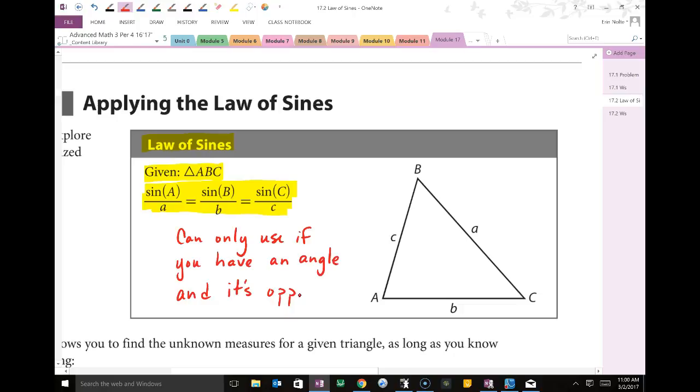You can only use this if you have an angle and its opposite. If you have both the A's, you can use the law of sines. If you have both the B's, you can use the law of sines. If you have both the C's, you can use the law of sines. Everybody got that written down?